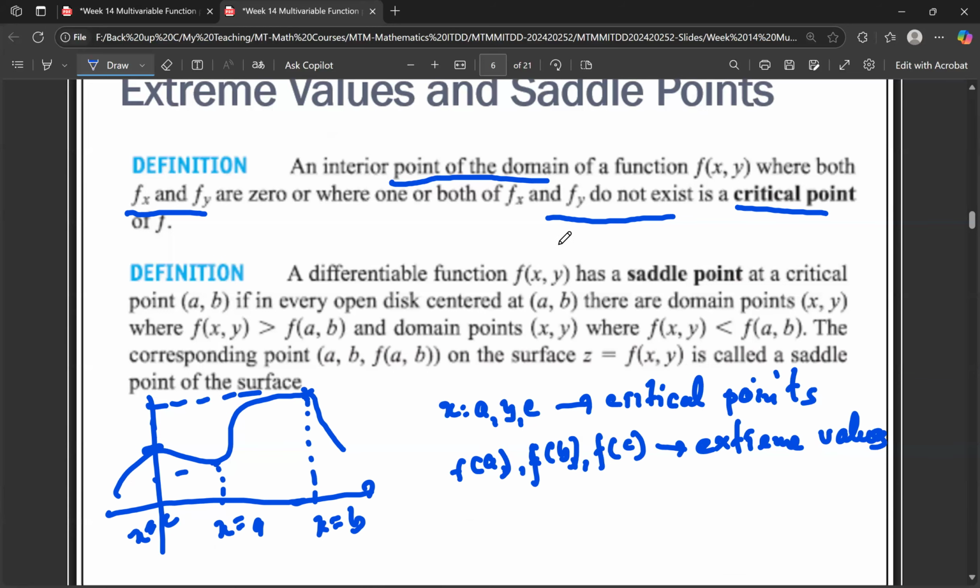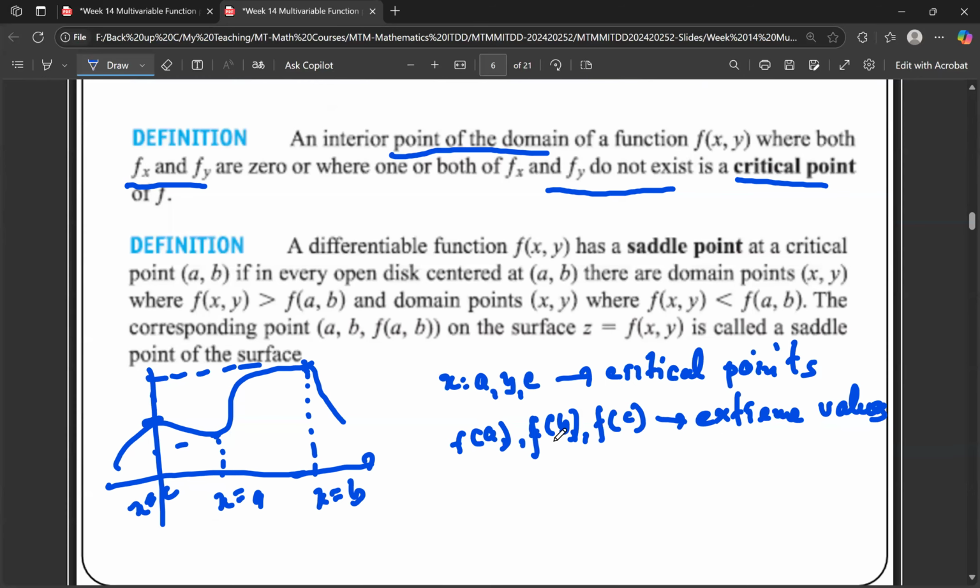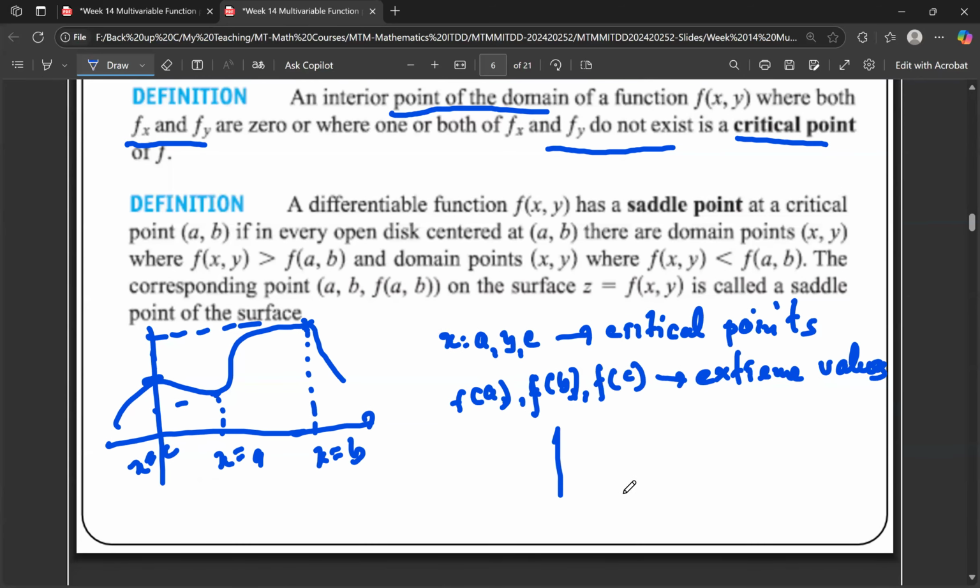So in three dimensions, we also have an illustration like this. This is our surface maybe.